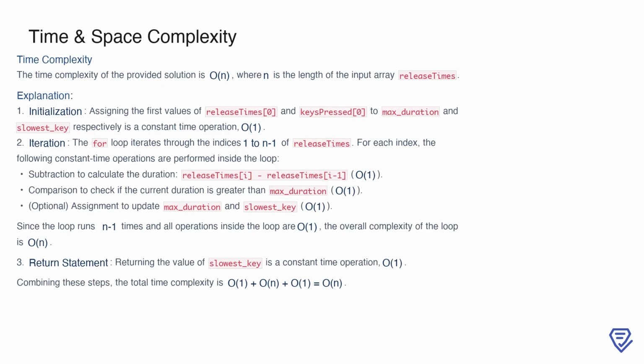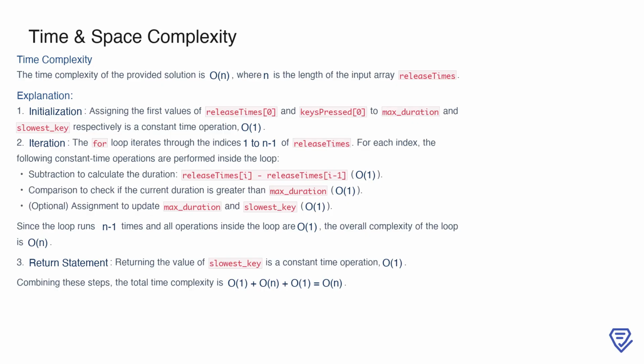Next, we enter a loop that iterates through the indices from 1 to n-1 in the releaseTimes array. For each index, we perform a few constant time operations. We calculate the duration of the current key press using subtraction, compare this duration to the current max_duration, and conditionally update max_duration and slowest_key if the new duration is greater.